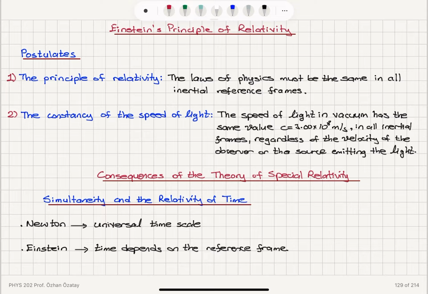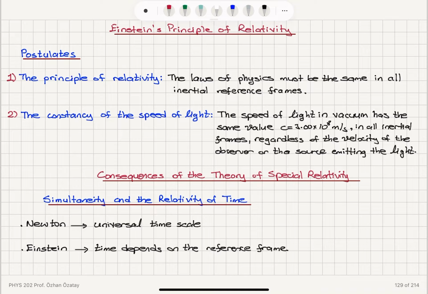All right. So what are the consequences of these two principles, the principle of relativity and the constancy of the speed of light? Well, we will talk about simultaneity, time dilation, and length contraction. In this video, we will concentrate on the concept of simultaneity and the relativity of time.